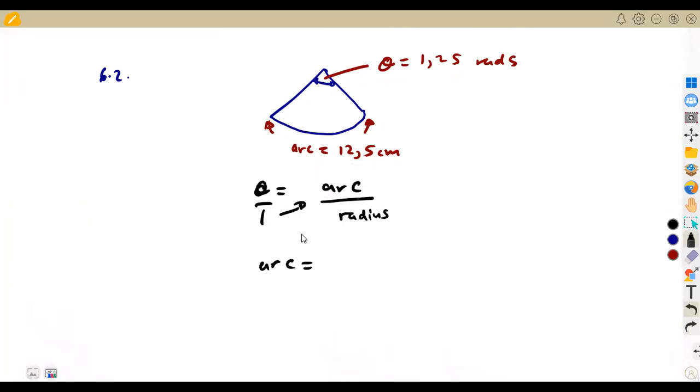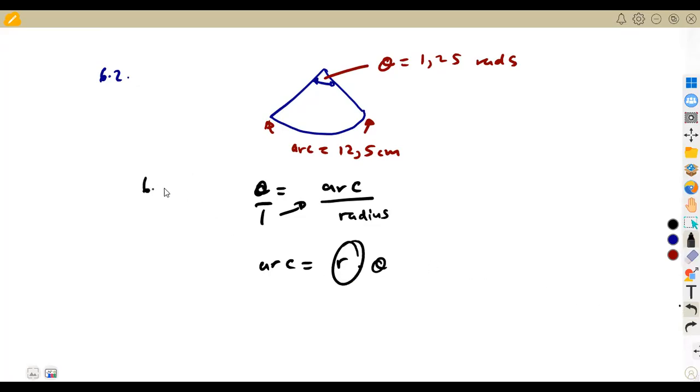So it means the arc is equal to the radius times theta. If you multiply the radius and the angle theta, you get the arc length. Where they write the arc, they mean the arc length. And I told you guys that theta must be in radians. If they give you degrees, you convert to radians. This one is already in radians, so it's just a substitution. Remember, we want to calculate the radius.